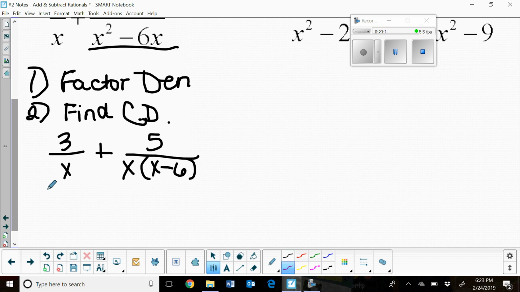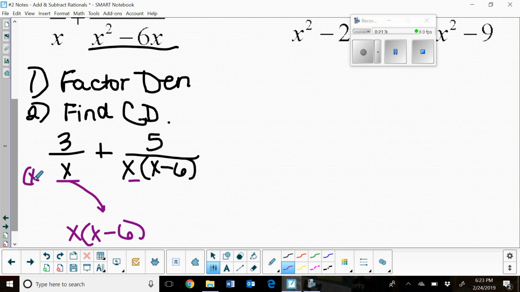So what do I know my common denominator is? Well, they both have an x, so x is going to be in the denominator. My second factor is x minus 6. So the first fraction is missing this x minus 6. So I need to multiply the first term by x minus 6.